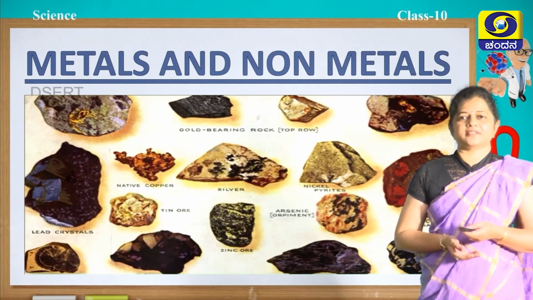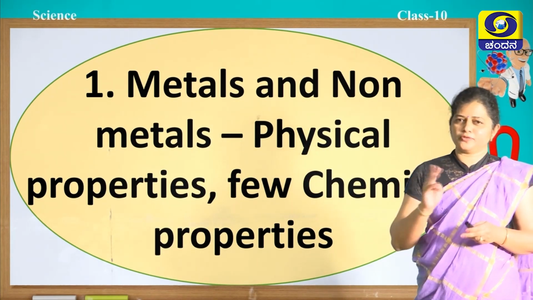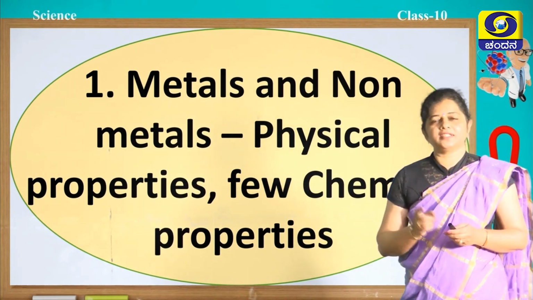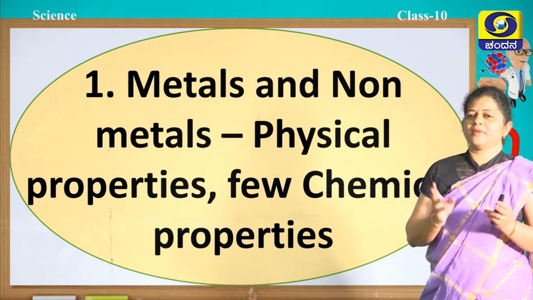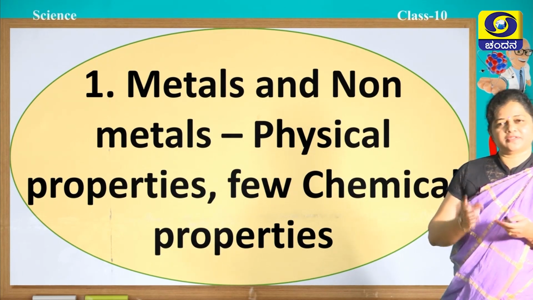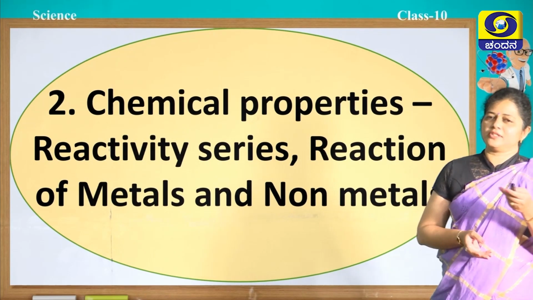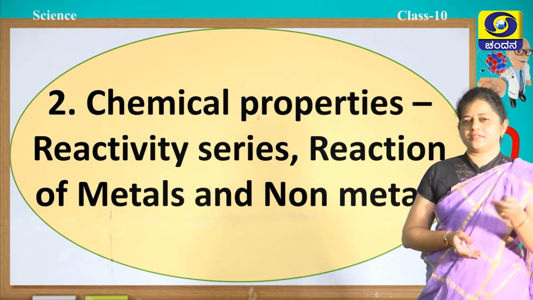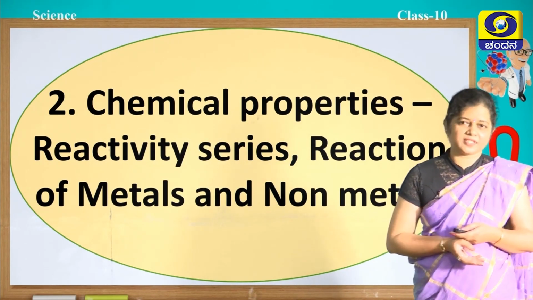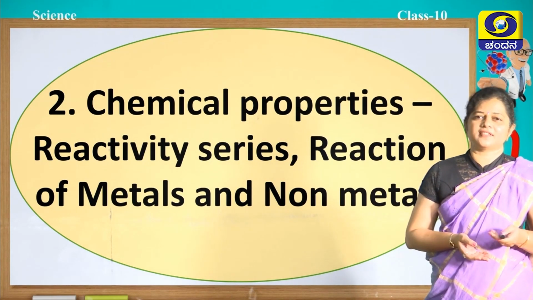Metals and non-metals. So this chapter has been divided into 4 units. In the first unit, you will learn about metals and non-metals, the physical properties of them, and a few chemical properties of these metals and non-metals. And in the second session, you will learn about the chemical properties of metals and non-metals. In that, you will learn about the reactivity series, the reactions of metals with non-metals.